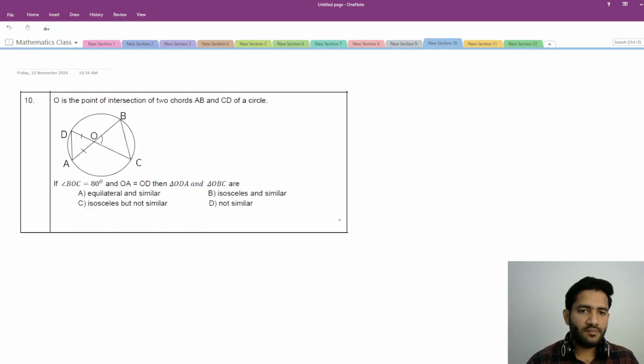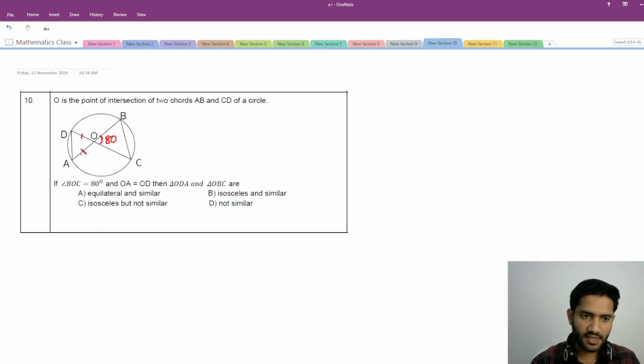Then next one from the chapter circle. O is the point of intersection. It is not the center. O is the point of intersection of two chords AB and CD of a circle. Angle BOC is given, 80 degree. Okay, fine. OA and OD are equal.